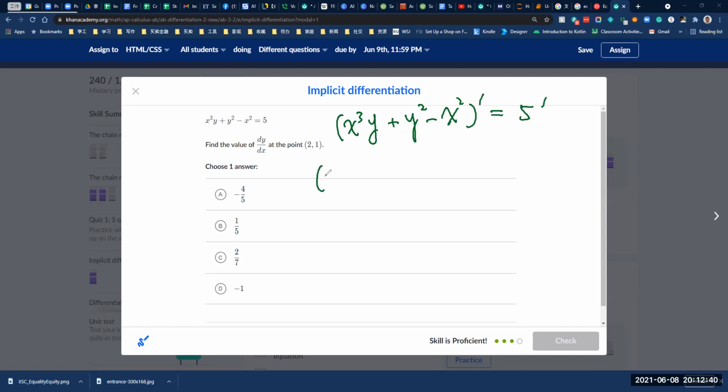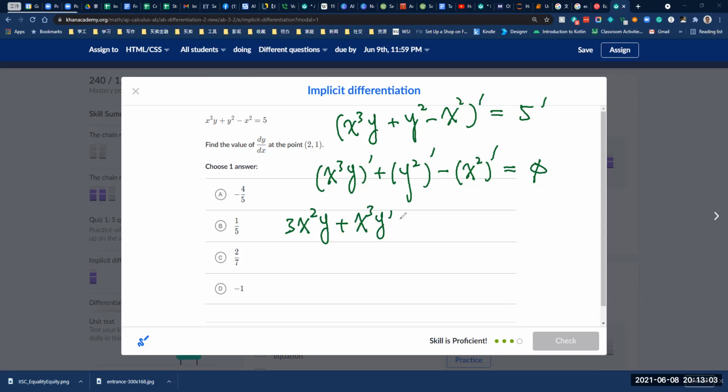And now we have (x³y)' plus (y²)' minus (x²)'. And this is 0. And for that we use the product rule. So we get 3x²y, then x³y prime. And this one is just 2y y prime. And this one is 2x, equal to 0.